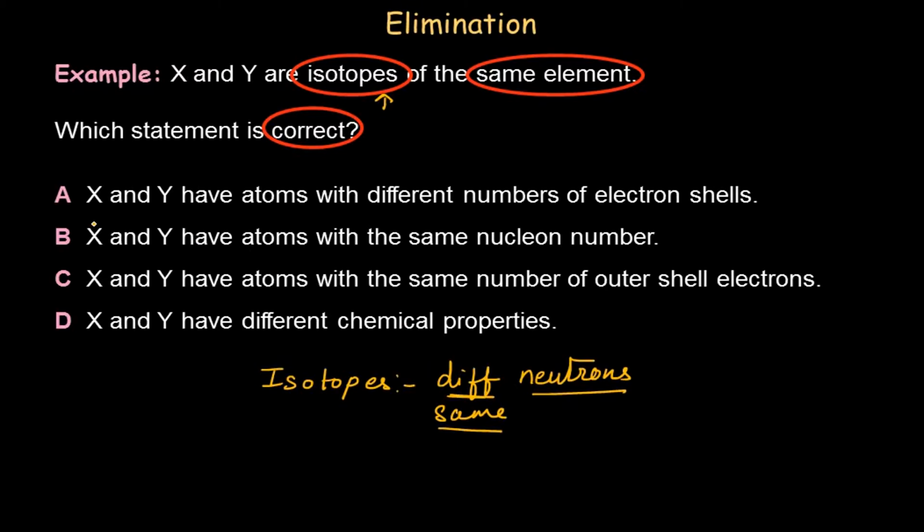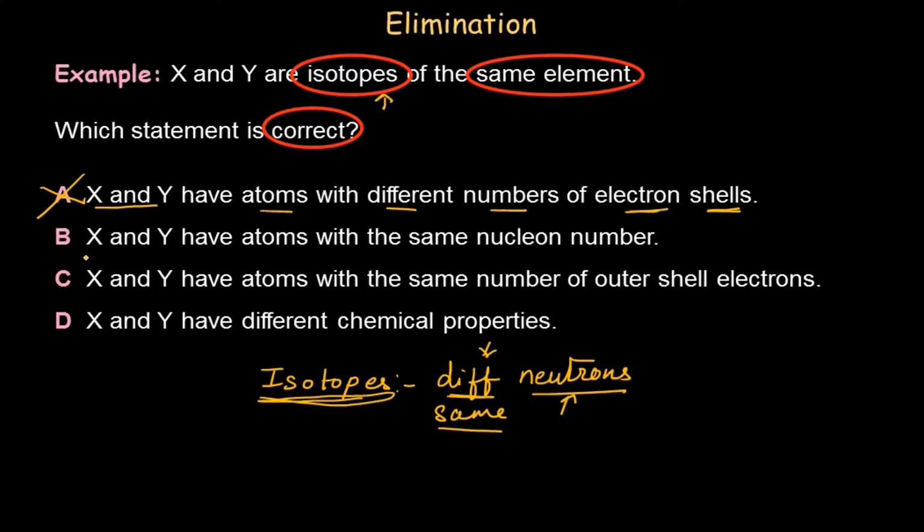Now read the options. The first option says X and Y have atoms with different numbers of electron shells. From the workout we have already done, the only thing different in isotopes is the number of neutrons. Here it says electron shells are different. That shows this doesn't apply to isotopes, so we are eliminating this option.